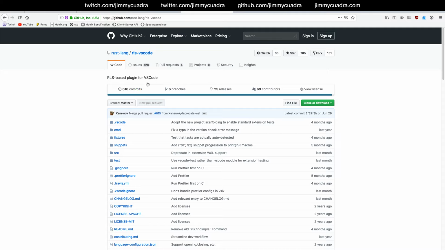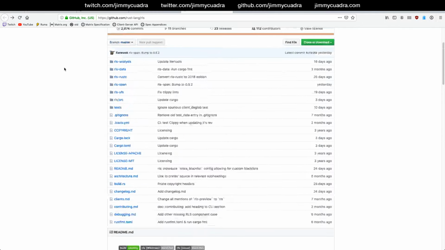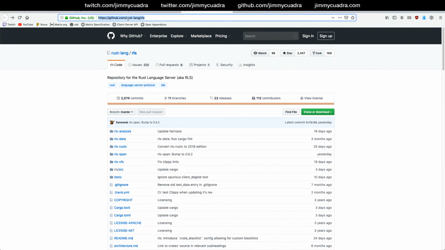So the only sort of officially supported integration for RLS is through VS Code, which I think is both a sign of VS Code's popularity and something that continues to drive people to it, as they're like, well, I want to code in Rust, and this is the editor that has the best support for it. I guess I'll use VS Code, which I think is kind of unfortunate. Let me put this also in the show notes.